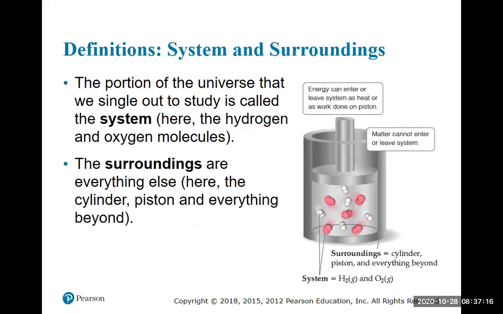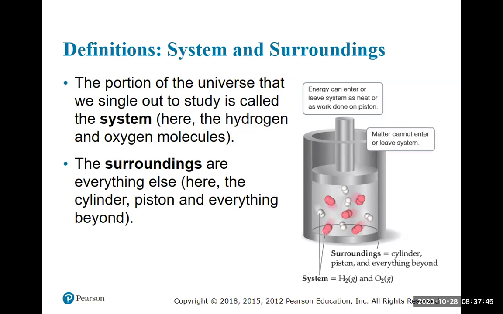Two terms that we use when we talk about these energy flow situations are the system and the surroundings. The system is the portion of the universe that we're studying. A lot of times it's a chemical reaction or something like that. The surroundings is just everything else.